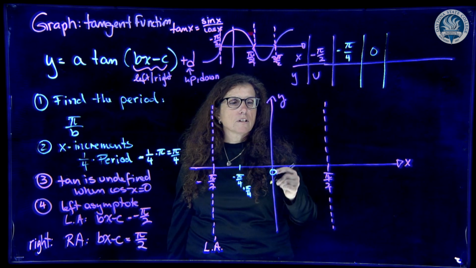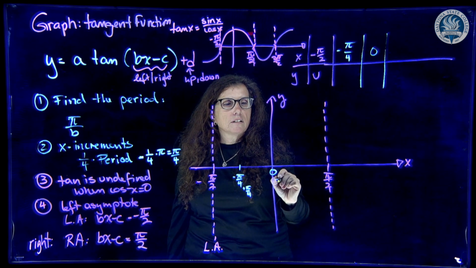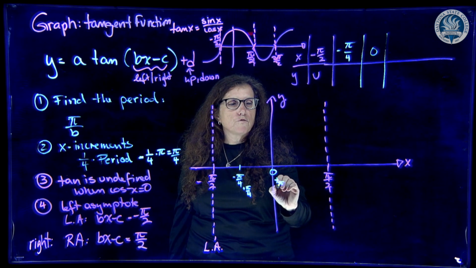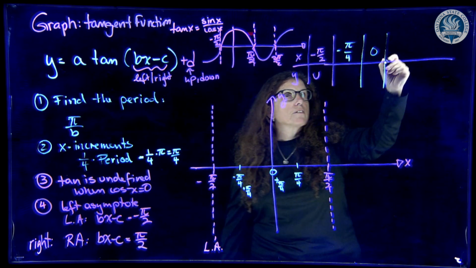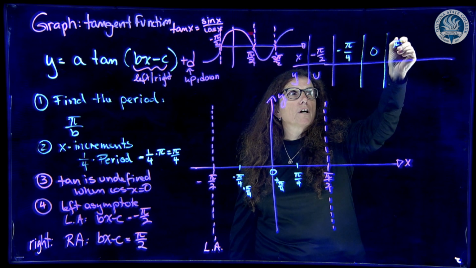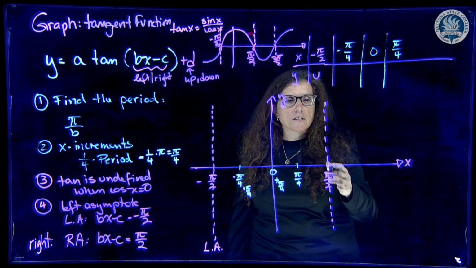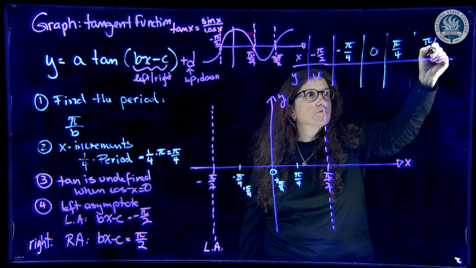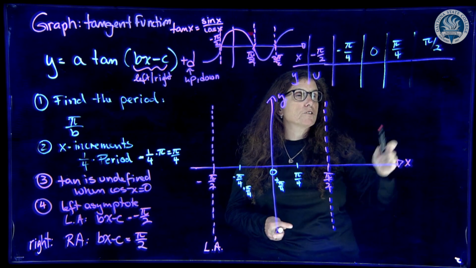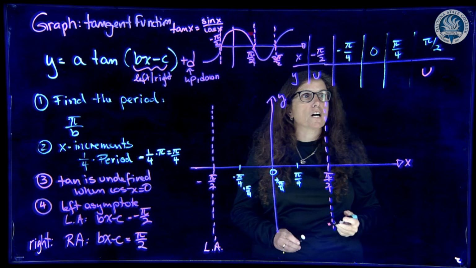Third point, then I add plus pi over 4, so I end up right here. That would be my fourth one, pi over 4, and then another pi over 4, which brings me to pi over 2, which of course is our right asymptote, and that is undefined.